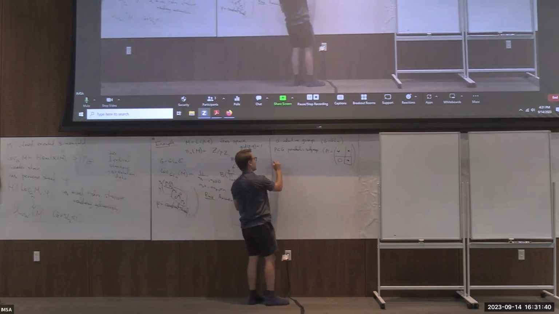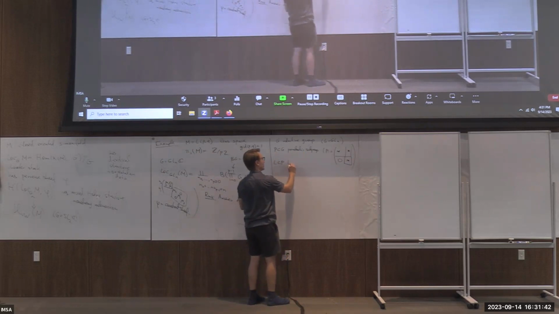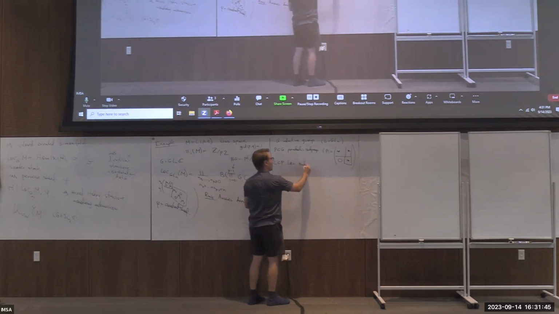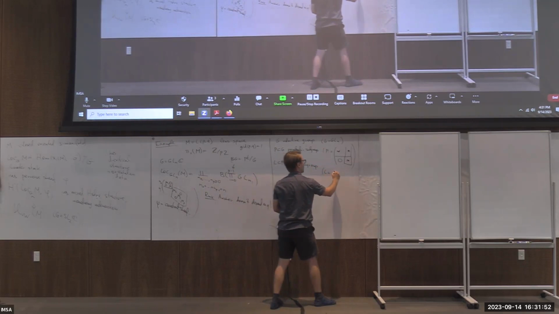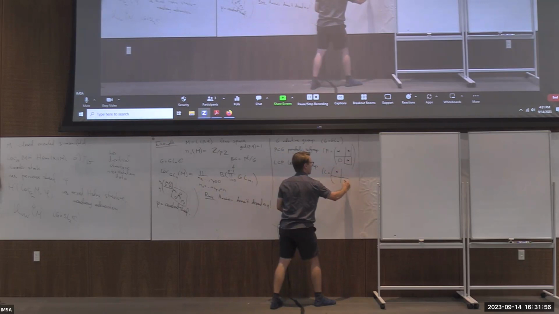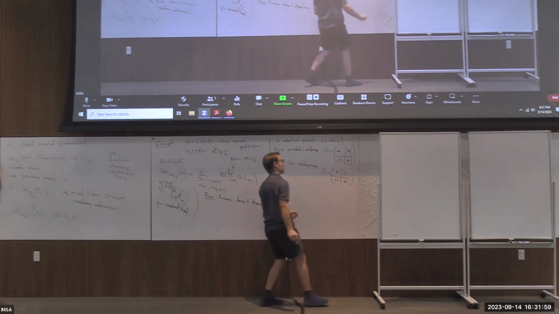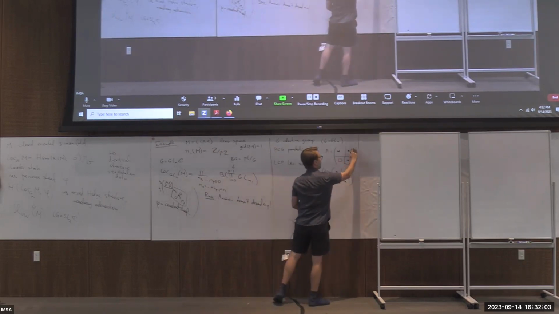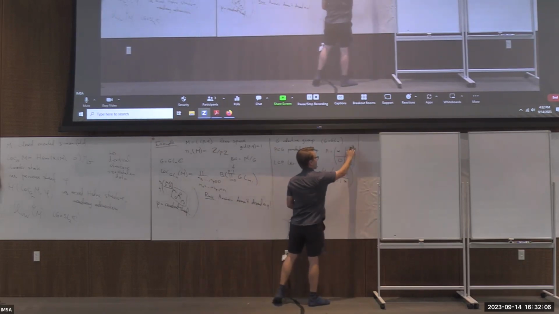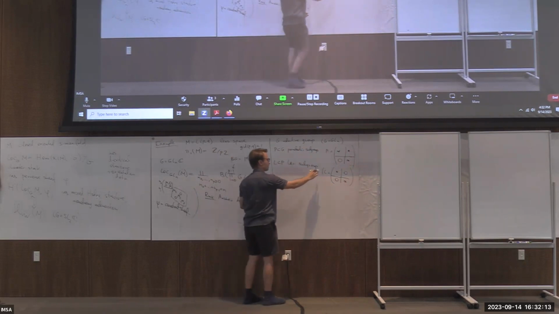And then let's say L is what's called the Levi subgroup. Again, for this parabolic, this is the group of block diagonals.